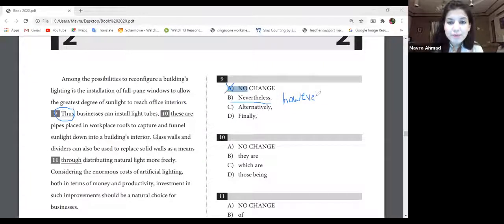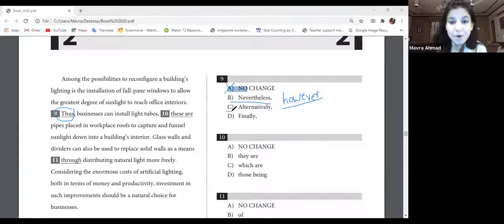We are talking about possibilities of how we can reconfigure a building's lighting, right? तो इसमें हम जब पॉसिबिलिटीज की बात करें तो however का वर्ड तो हम तब यूज करते हैं जब हम किसी चीज की दूसरी साइड की बात कर रहे होते हैं. When we are talking about two different sides, so however it's used to show contradiction. So this is why however is not the suitable choice. Nevertheless, which also means however, is not a suitable choice.